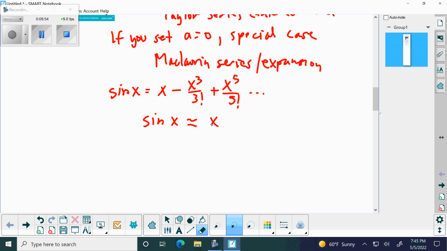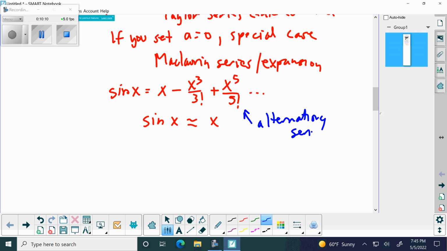Remember, this is an alternating series here. Let's suppose I want to approximate sine of 0.1 by 0.1.